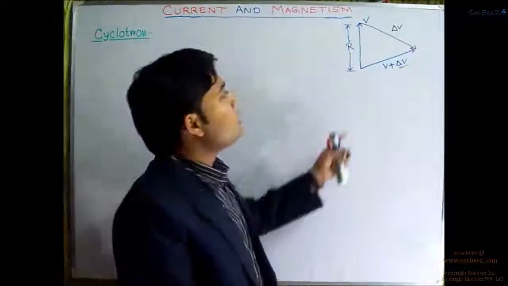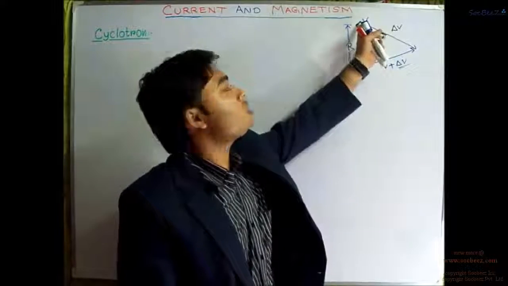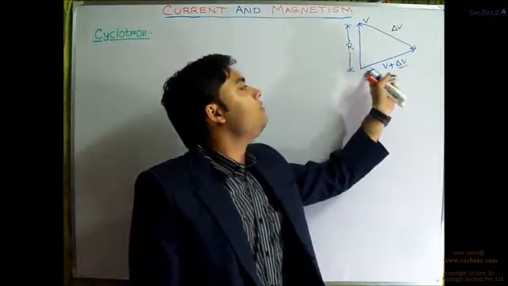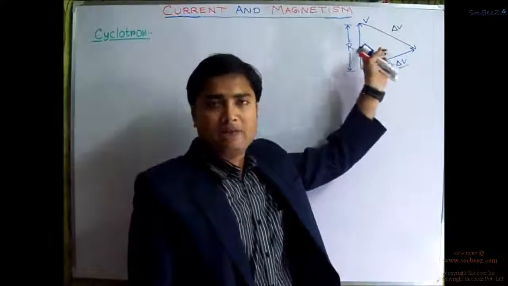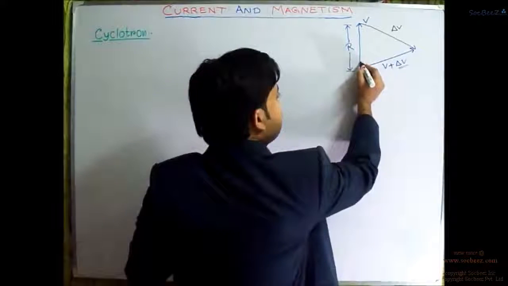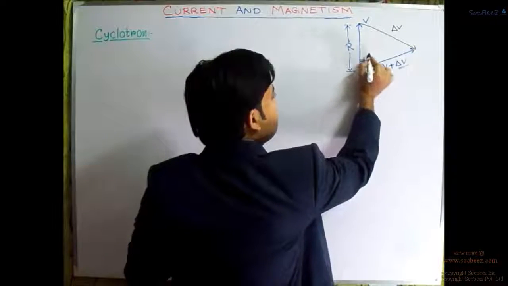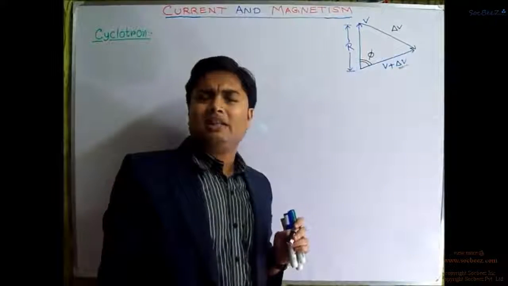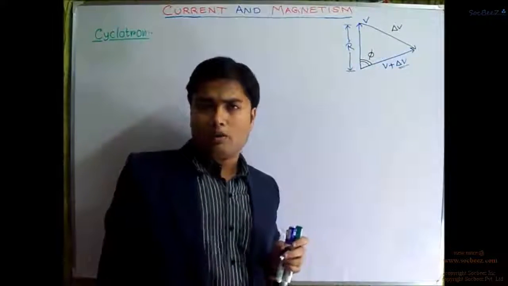Then you see the tail of this vector is on the head of this vector, which means on vector addition, this will be V plus del V, of this V and this del V, right? Now say for example, this degree of rotation is phi, which is indeed very, very small, right?